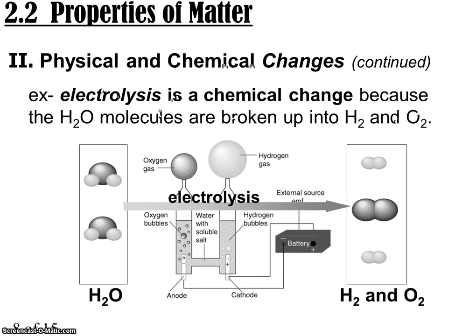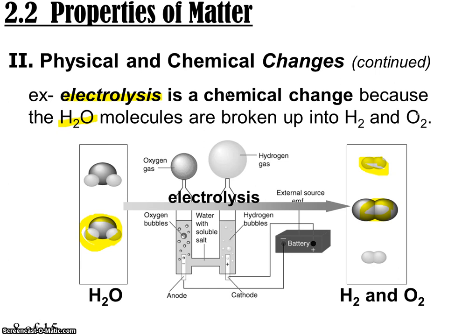Now if we took that H2O and put it through a device for what's called electrolysis of water, here we can see that if we start with H2O, it's going to get broken up into O2 molecules and H2 molecules. So the electrolysis of water, as an example, is a chemical change because the identity of the molecule as H2O is changing.